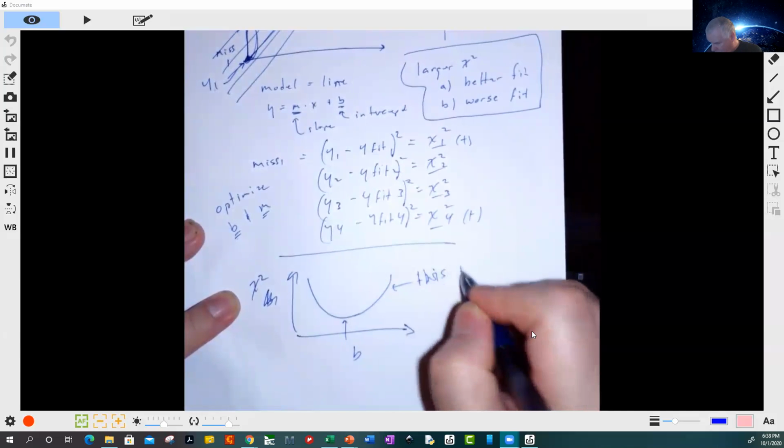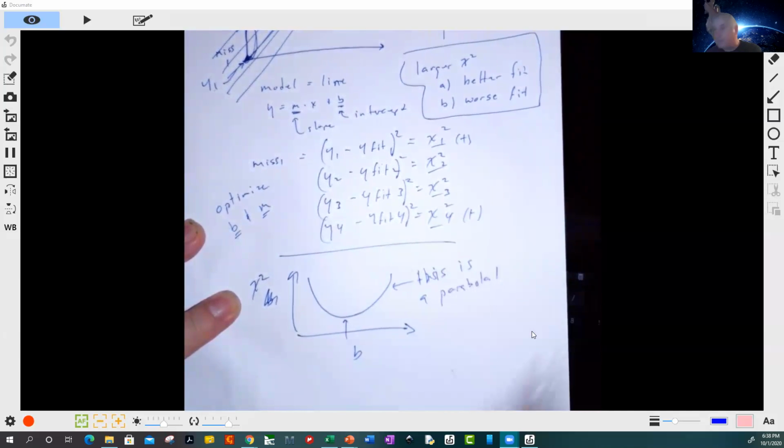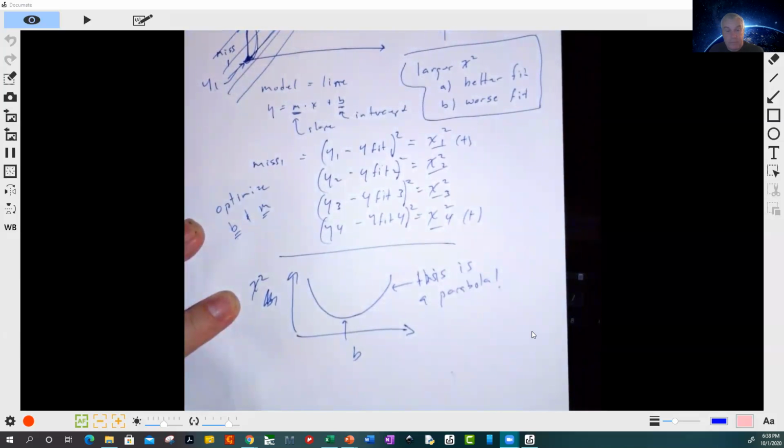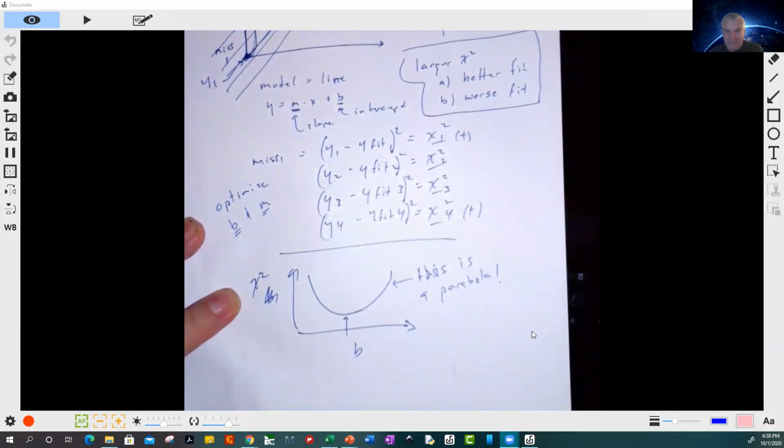And for a parabola, you can find the minimum; it's super easy.